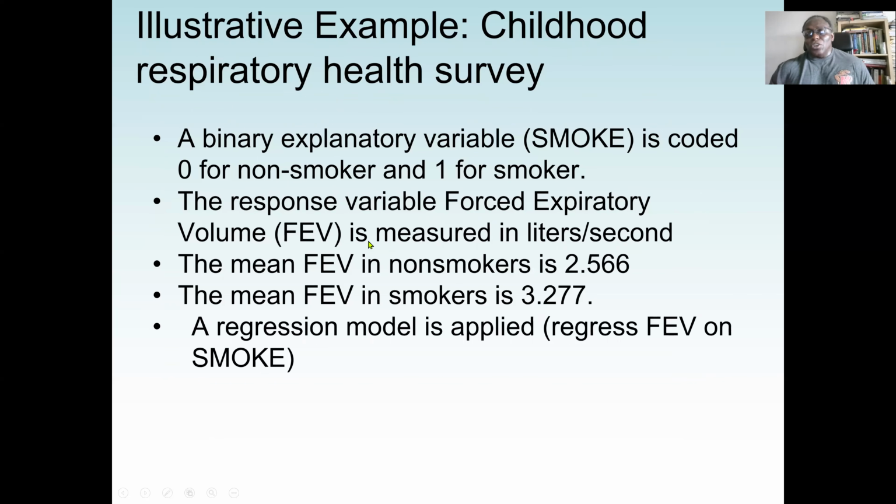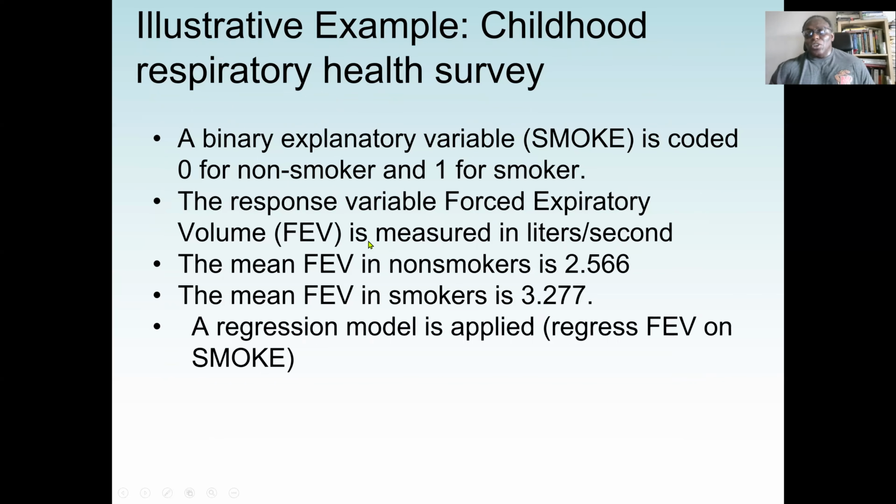Now we assume a data set is given to us, and based on this data set of patients, we find the mean of the forced expiratory volume for non-smokers to be 2.566. Now we find the mean, again, for forced expiratory volume in smokers to be 3.277.